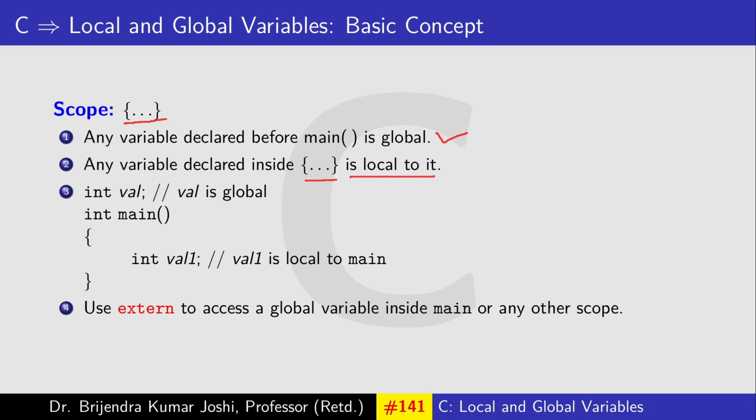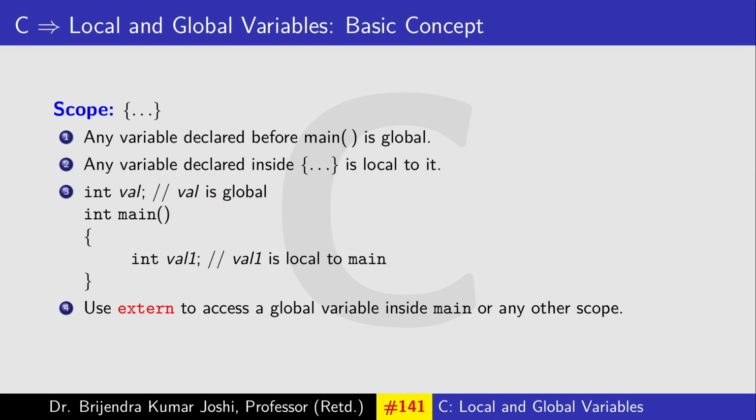For example, int val; val is declared before main, so it is a global variable. Now int val1: here val1 is local to main because this pair of braces binds to the main function. So val1 is not accessible outside the pair of braces, whereas val can be accessed very well inside these braces.